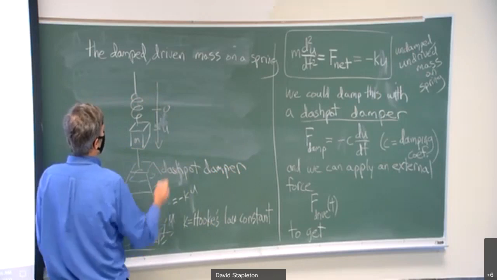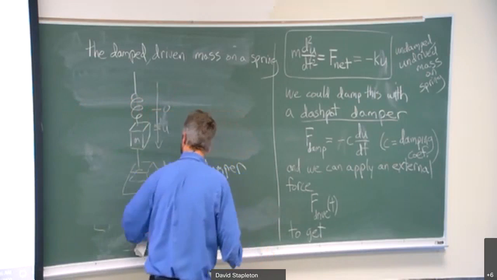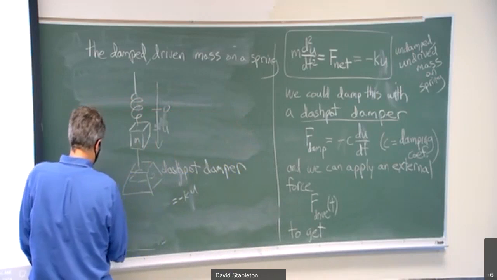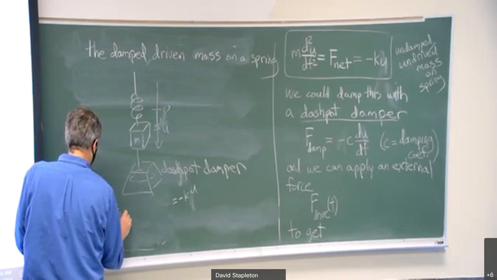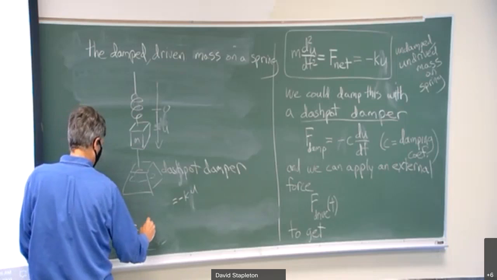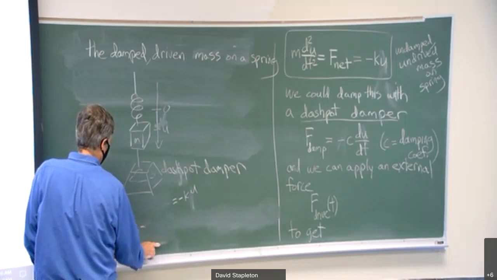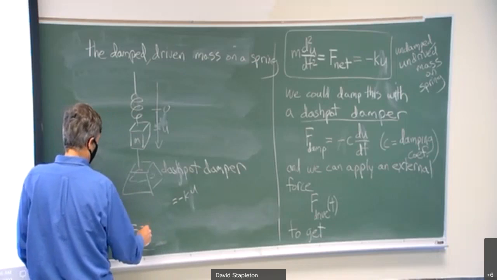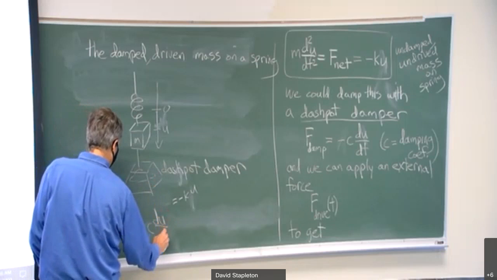And the net force then is mass times acceleration by Newton's law. And that has to equal the damping force from this damper, so it's minus C du/dt.